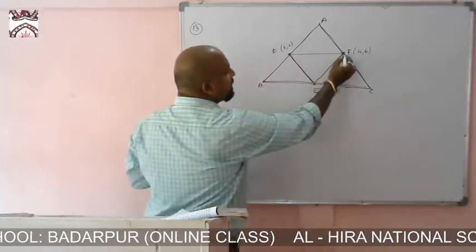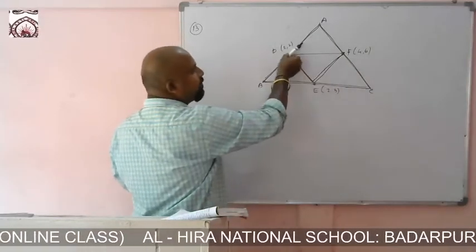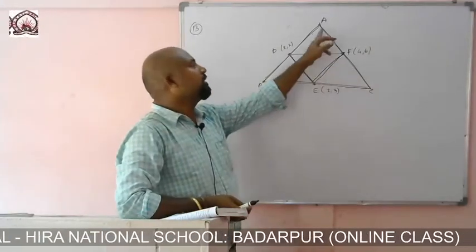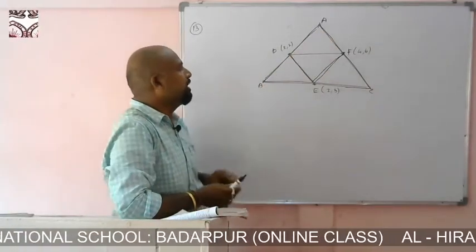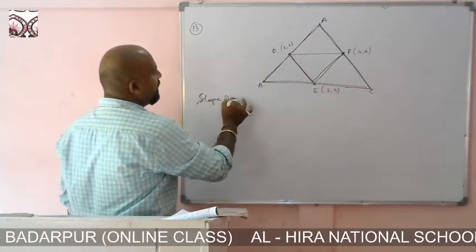Now when the lines are parallel, the slope of this line will be equal to the slope of that line. The slope of EF will be equal to the slope of the AB line.